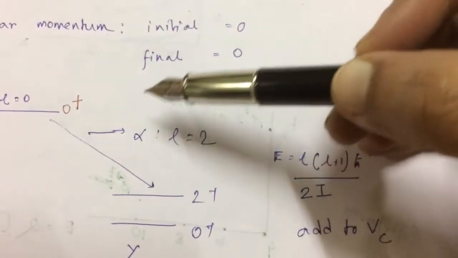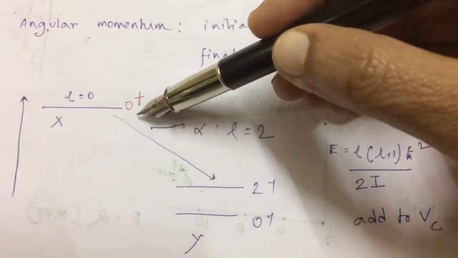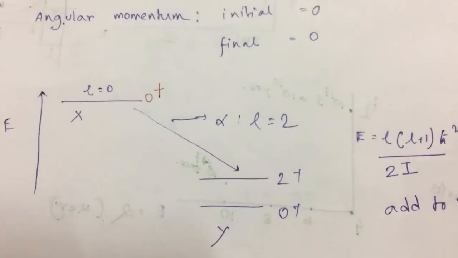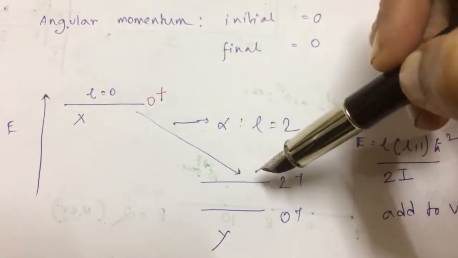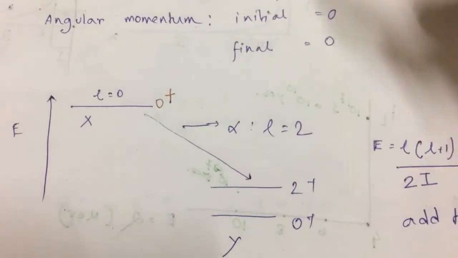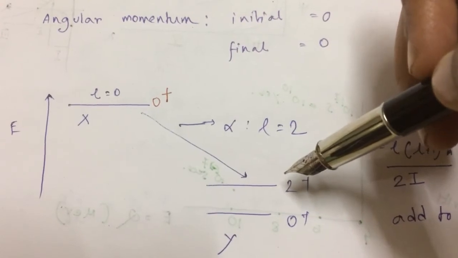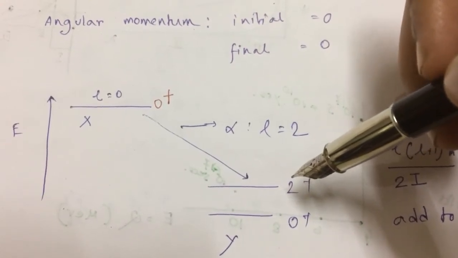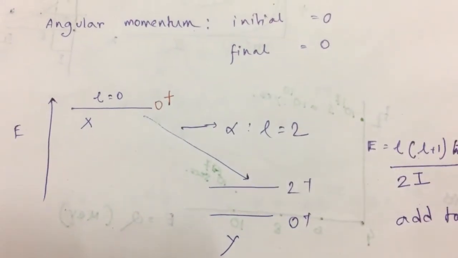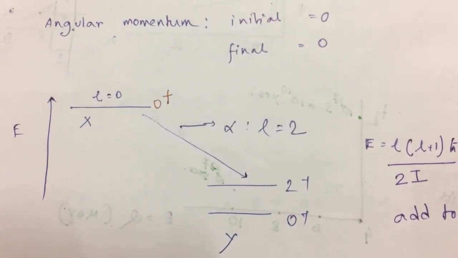So is it possible to have this kind of transition? Yes, it is possible. But as the emission of alpha particle for this kind of transition is quite lower, this will happen in very few cases. 0 plus to 0 plus transition is the most favorable transition.